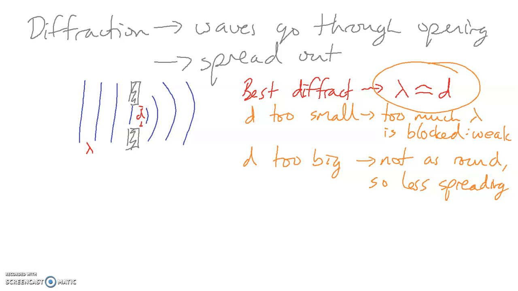If you want to hear the higher tones, you have to be in line with the doorway, because they don't spread out much; they go flatter through the opening because they're so small compared to the opening. So remember, it's not just the size of the wave, it's not just the size of the opening, it's the comparison between the two.